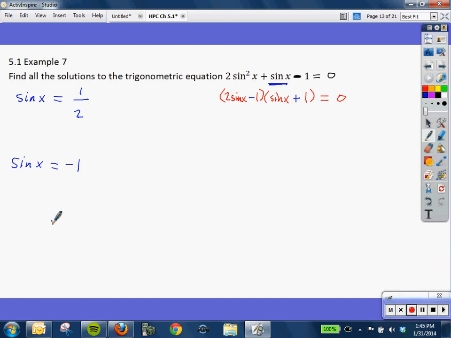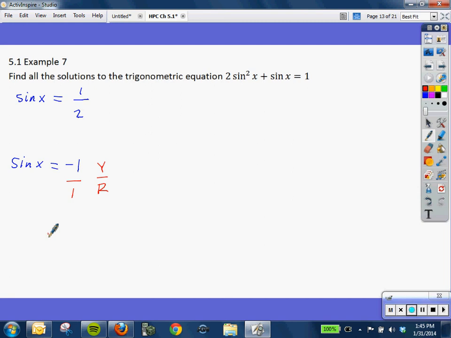Now what I want to do is figure out the angle values that are going to cause these ratios. So let's deal with the bottom one first, sine x equals -1. I have to think about my definition, y over r. That tells me my y value is -1 and my r value has to be +1.